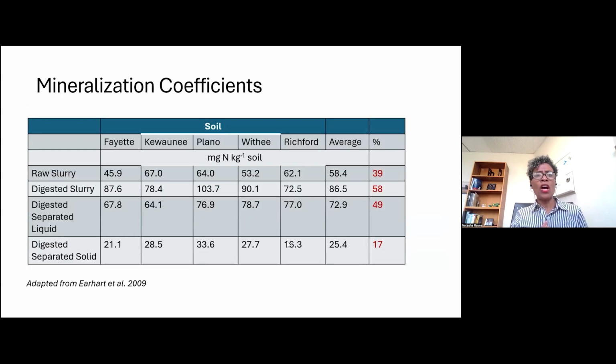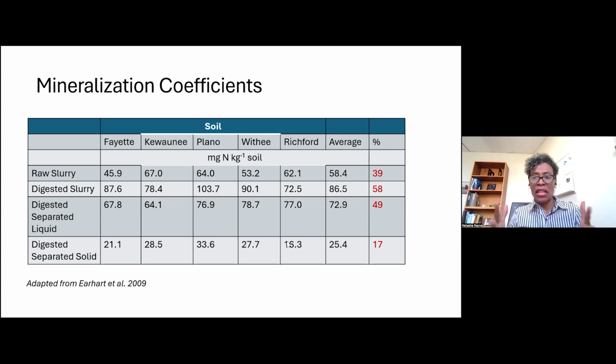All right, quickly moving on to mineralization. So remember that I said there's different ways in which mineralization coefficients come about, right? Either in lab studies or by burying bags in the field, litter bag technique, right? And that is how some of these numbers come about.